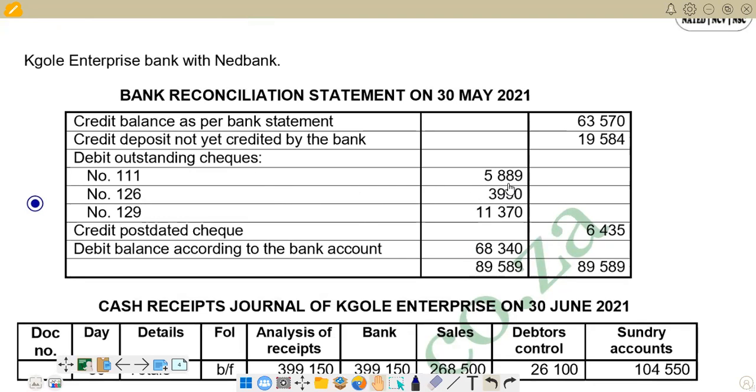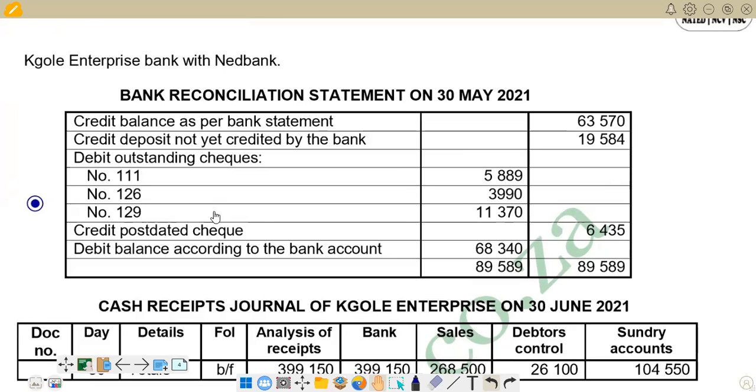So this check is being explained as if it was lost along the way. But remember, whenever we issue a check, we record it in the journals. When it is lost along the way, we have to reverse it because it's already there in the journal. As soon as it goes out of the business as issued, it's recorded.